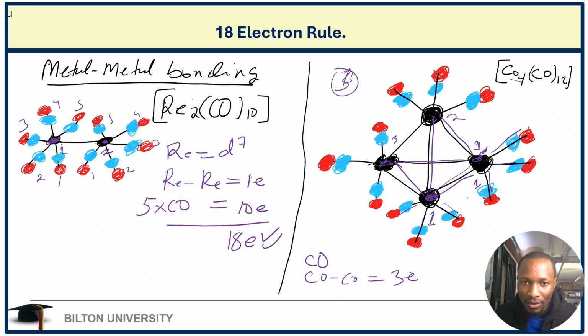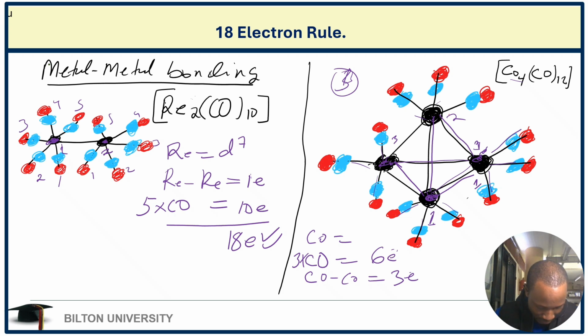Even if I take this one, 1, 2, 3, even this one is 1, 2, 3. So it means that each cobalt metal is bonded to 3 carbonyls. So we have 3 times carbonyl, and that's going to give us 6 electrons. And let's look at the cobalt. Everything is CO. Okay, let's look at the cobalt. Cobalt is in which group?